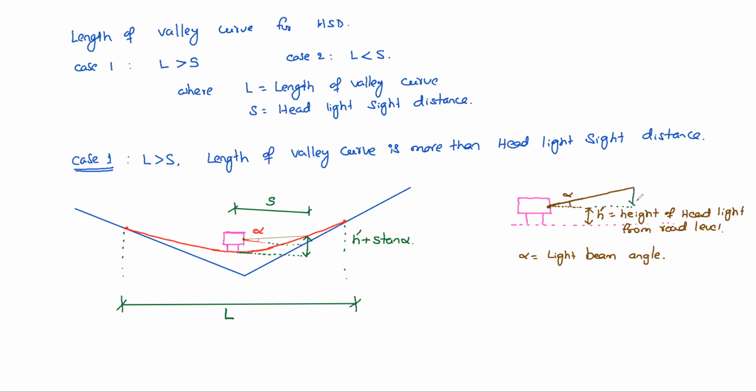If this is the s value, then this value is s into tan alpha. h dash plus s tan alpha is the vertical height from the least point of the road to that focused point. Up to that point only it can be focused, and this is the least point on the road at center. Let us assume this is A and this is B. Up to point B the light can be focused, and A is the midpoint.